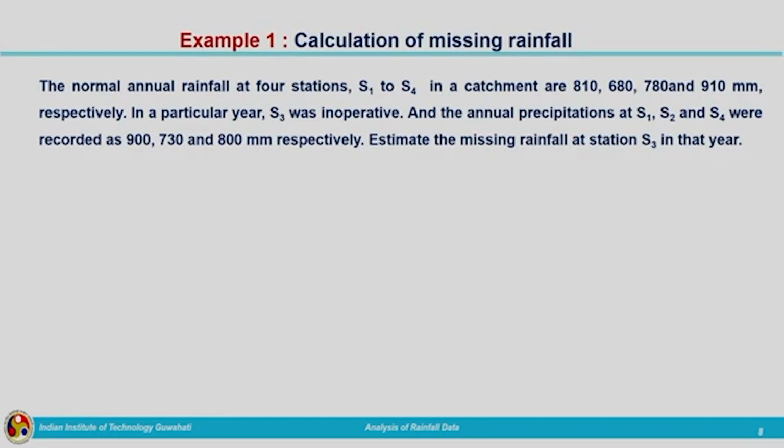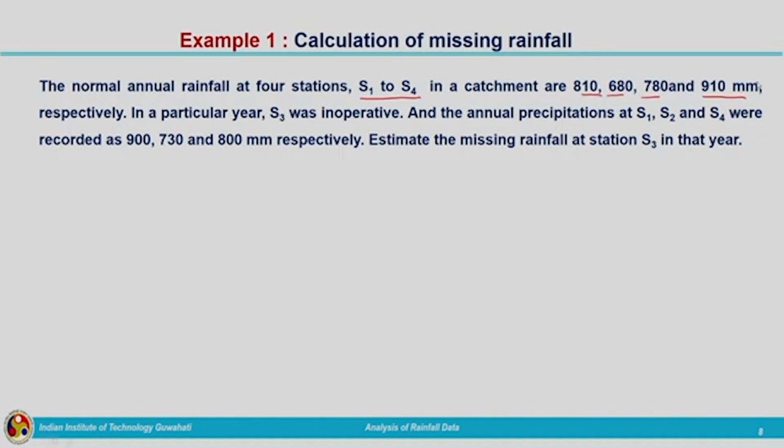Now, let us solve one numerical example, then it will be more clear to you. Let me read out the question first. The normal annual rainfall at 4 stations S1 to S4 in a catchment are 810, 680, 780 and 910 millimeters respectively.